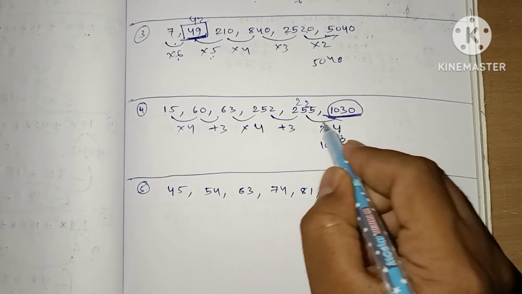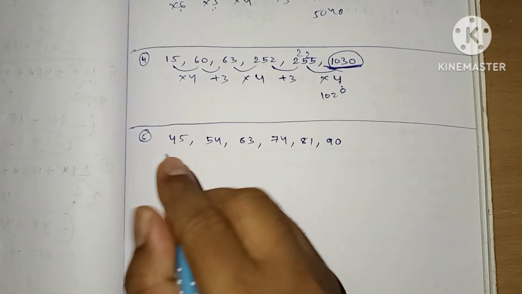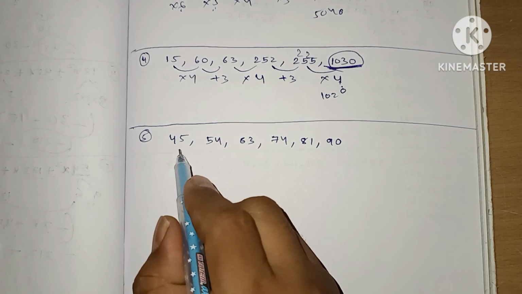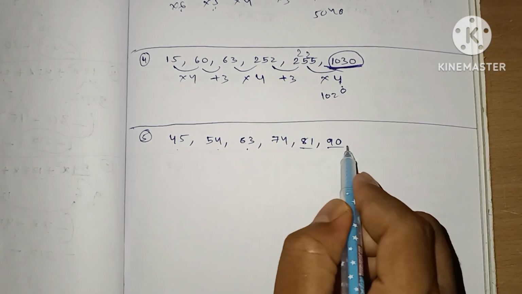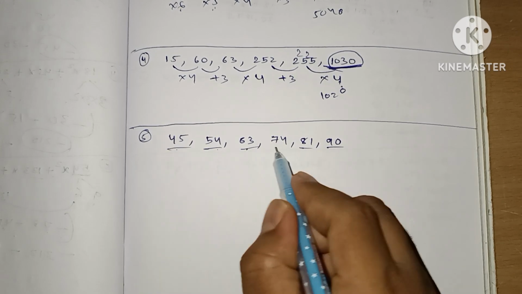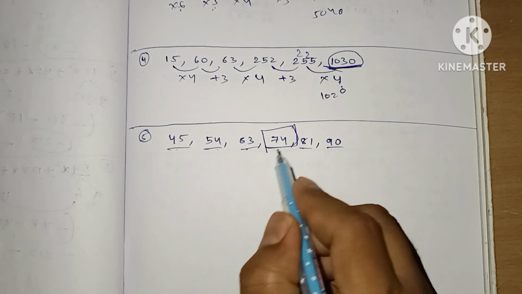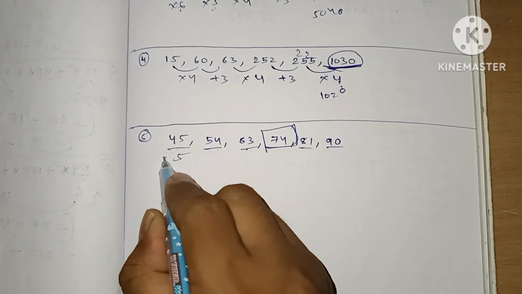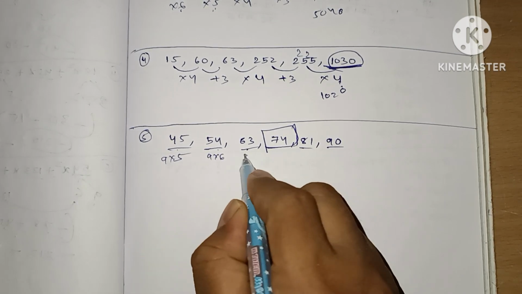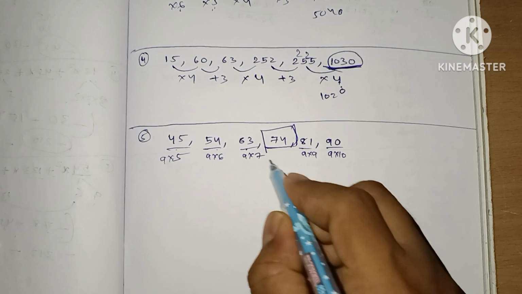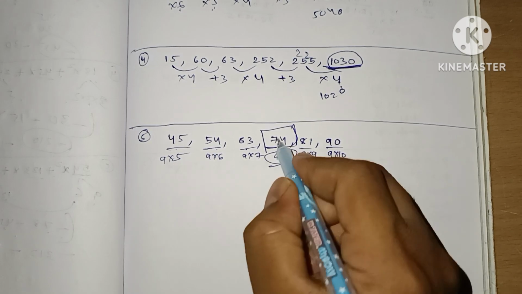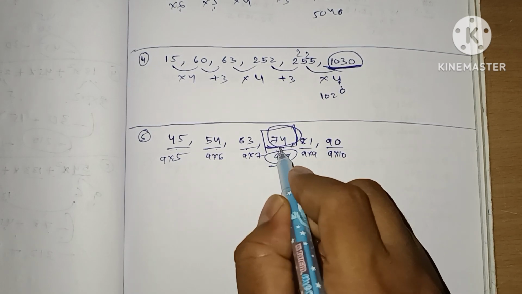So our wrong number is 1030. Next, in this case 45, 54, 63, these are 9 factors, but this one is not a 9 factor. 9 times 5, 6 times 9, 7 times 9. This must be 9 times 8, which is 72, not 74. So our wrong number is 74.